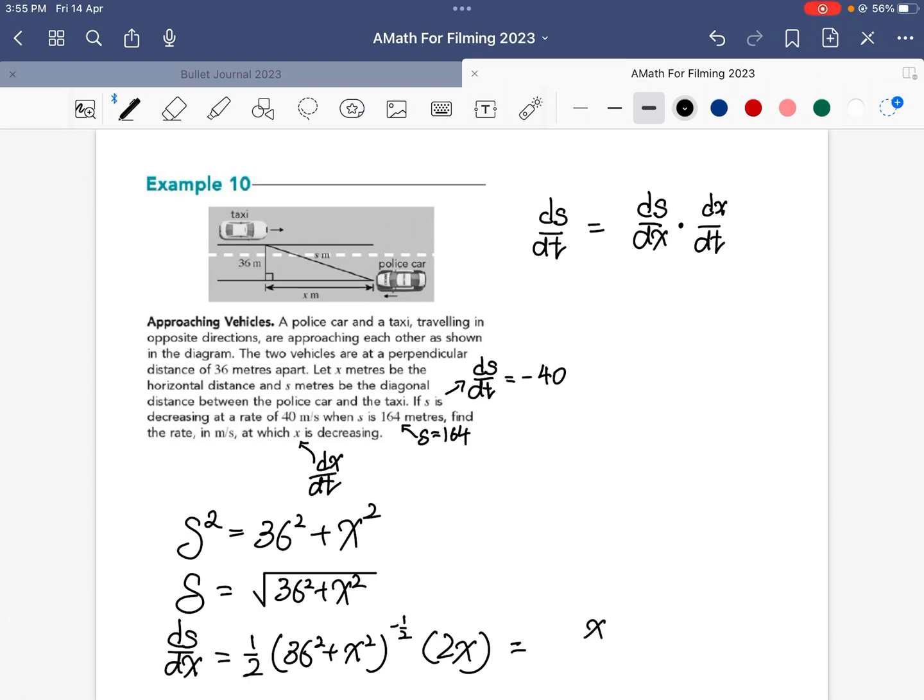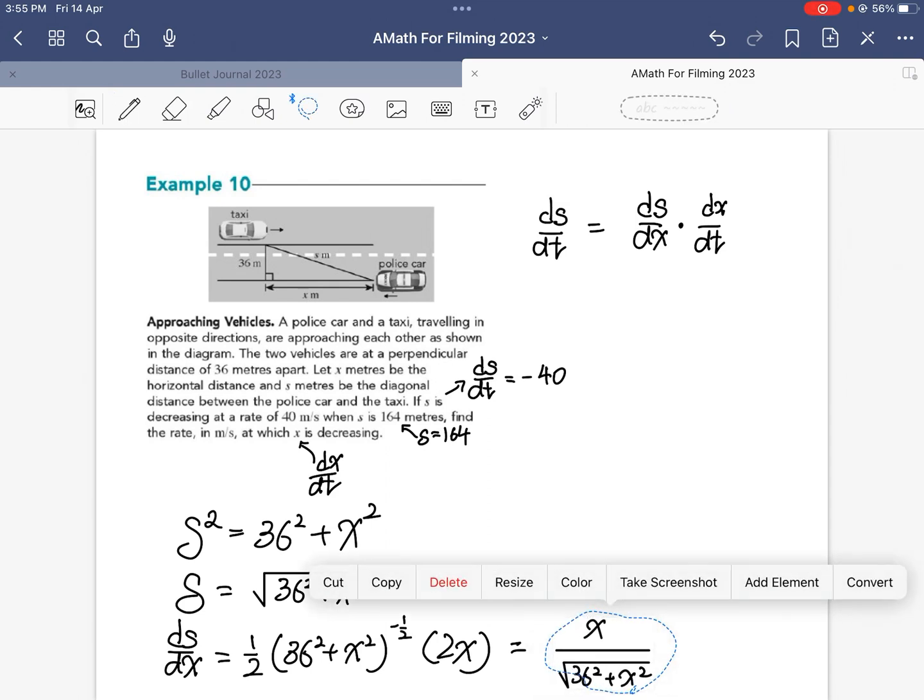If you simplify everything, what I get is x over the square root of 36 squared plus x squared. So I've already found the expression for differentiating s with respect to x. Let me just copy that down now.